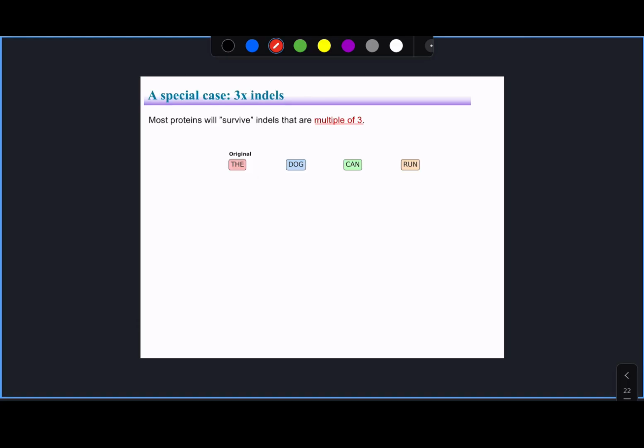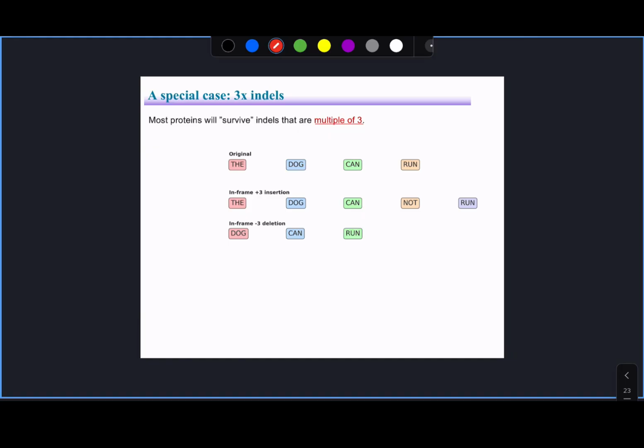So I'm going to go back to this cartoon example because the textbook didn't have examples of these in it. Let's say the original, we'll go back to the original, the dog can run. So these are the 4 codons in this message, the dog can run.